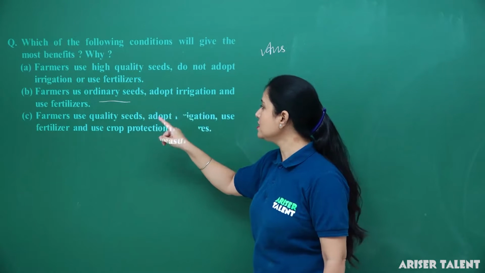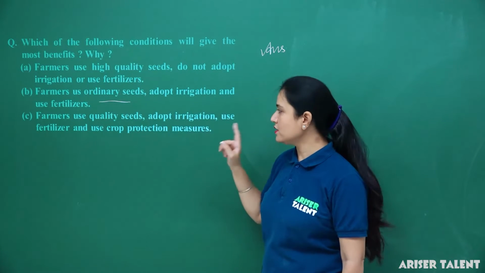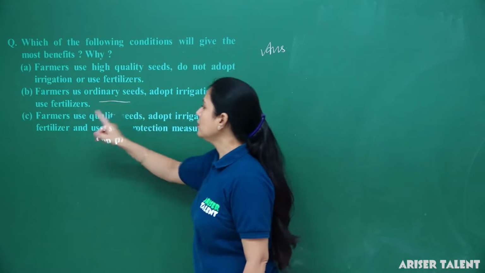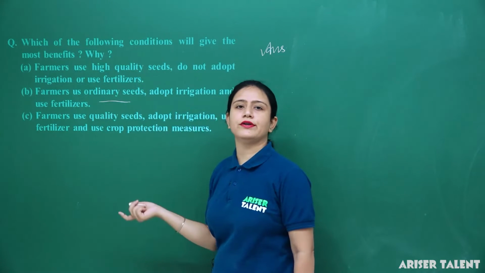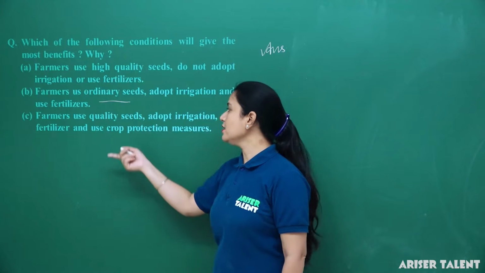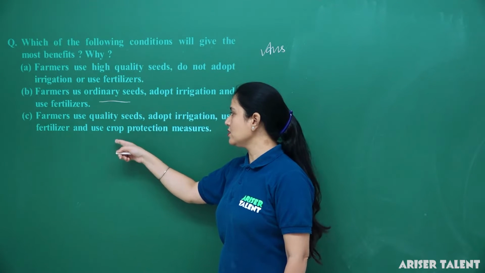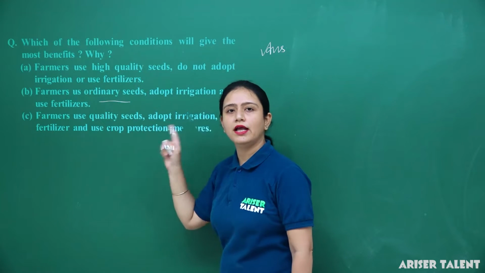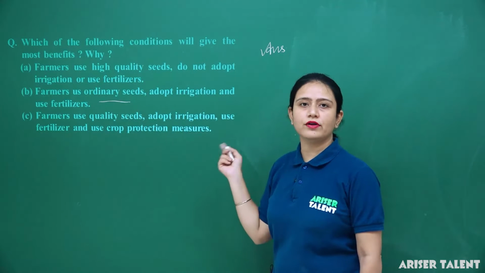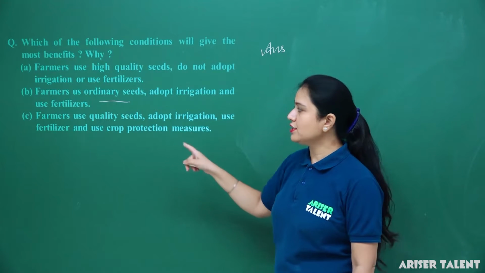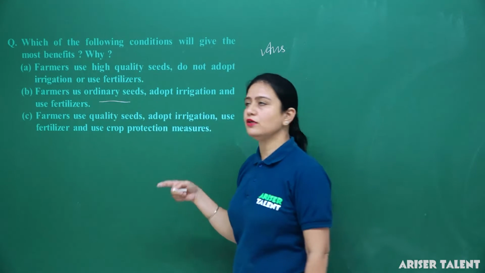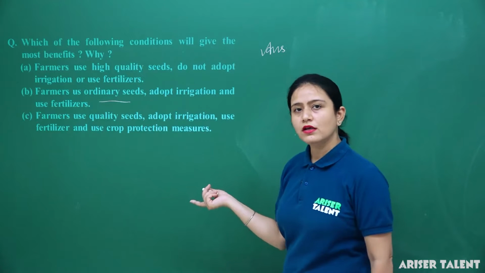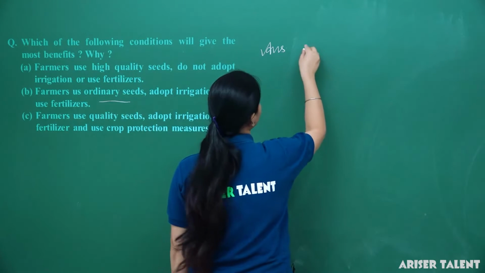Using fertilizers, definitely fertilizers will provide the nutrients, and as the farmer is using crop protection measures, they will help protect the crops from diseases. So condition C is the most beneficial condition for the farmer. So here we go with the answer.